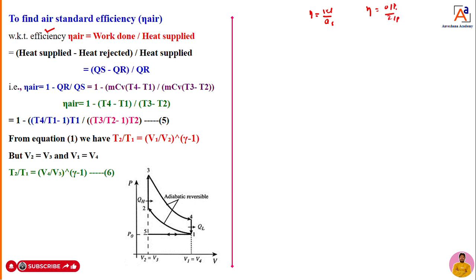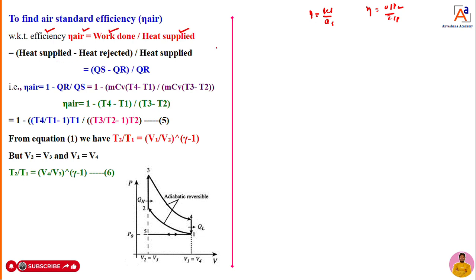What is the output from the engine? Work done. What is the input for the engine? Heat supplied. So the efficiency of an engine is the ratio of work done to the heat supplied, and therefore the efficiency of an air standard Otto cycle is work done to the heat supplied.